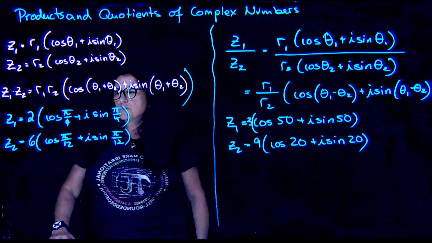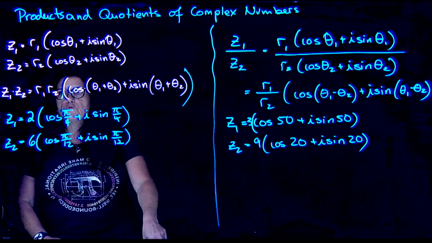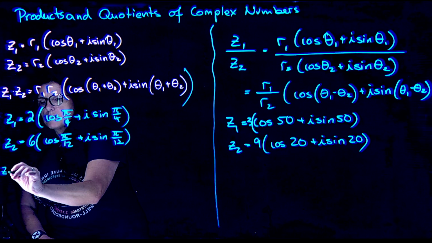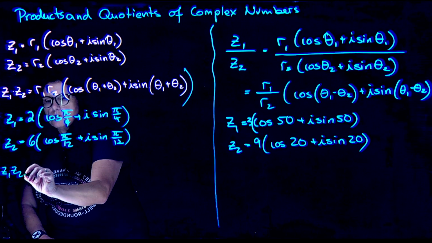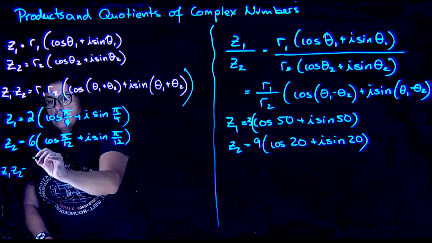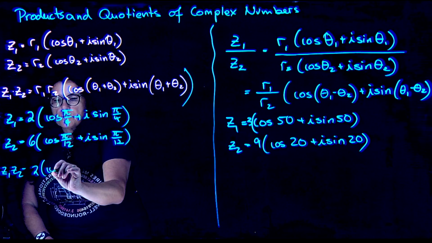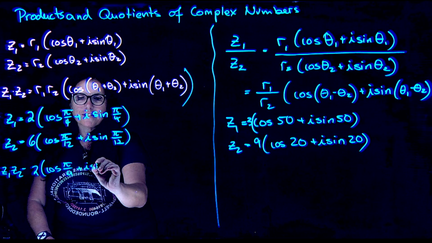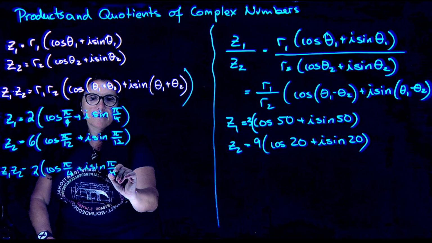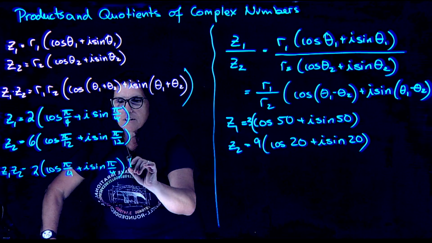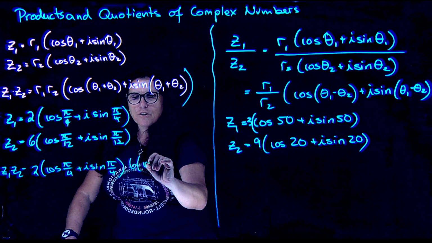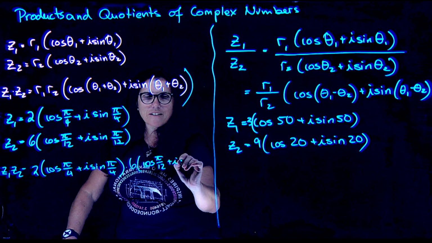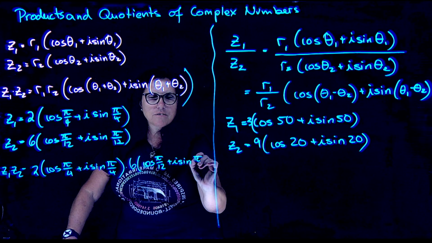So here are my two complex numbers in trig form. Now I'm going to apply the formula and multiply both of them. Z1 times Z2 would be 2 times cosine pi over 4 plus I sine pi over 4, times 6 cosine pi over 12 plus I sine pi over 12.